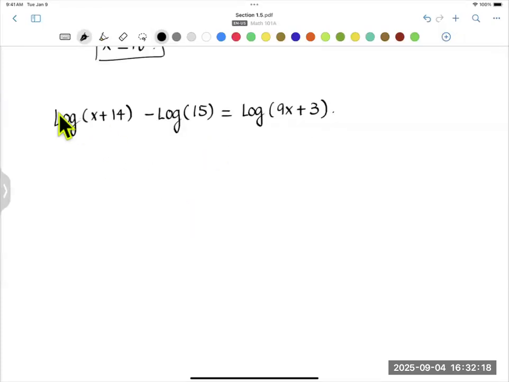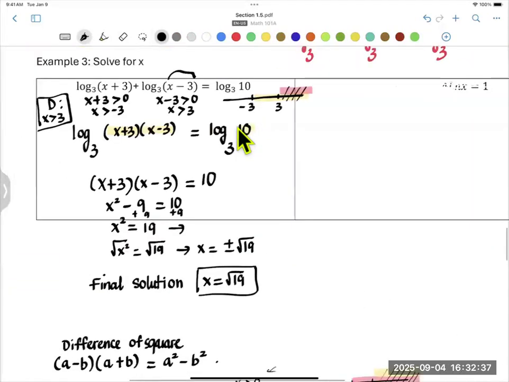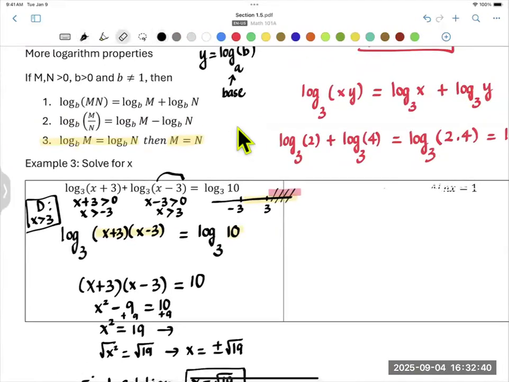One last one here: we have the logarithm of x plus 14 minus the logarithm of 15 equals the logarithm of 9x plus 3. So in this equation, you have three logarithms, and we're going to pay close attention to the negative. Because it's a subtraction, it goes with the quotient, which is the second formula.